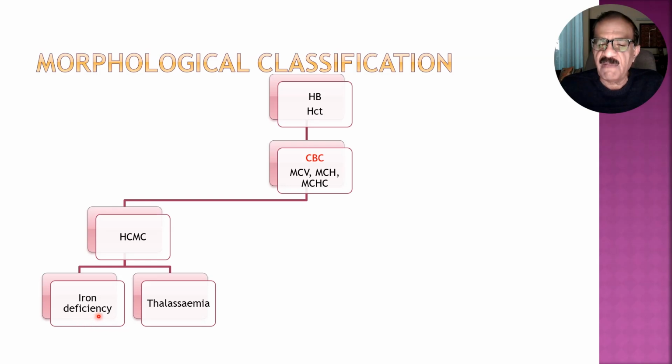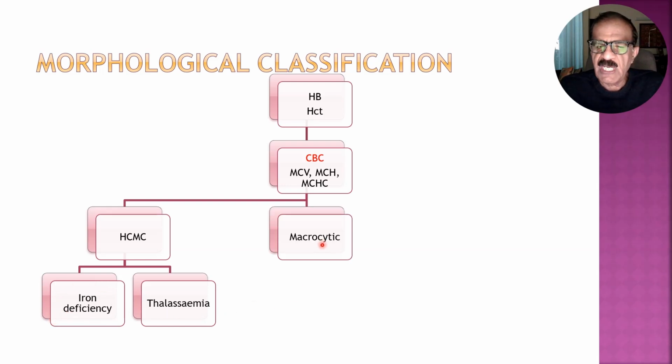But if iron deficiency is ruled out by appropriate test, or on history iron deficiency looks very unlikely, then you would consider thalassemia. And then of course you would do the test. It is mandatory that you rule out iron deficiency anemia before you go for the investigation of thalassemia. Why? Because common things happen commonly. Even in atypical cases, you need to rule out the common condition first.